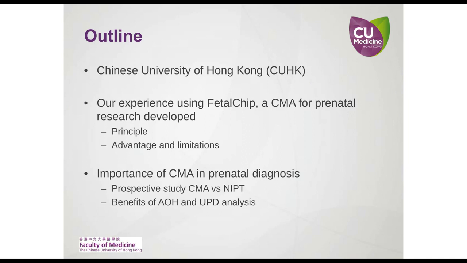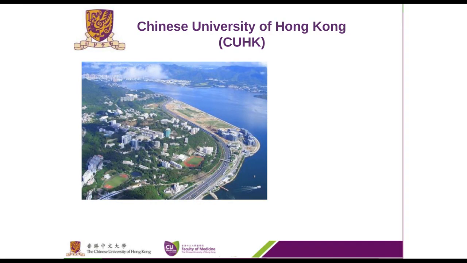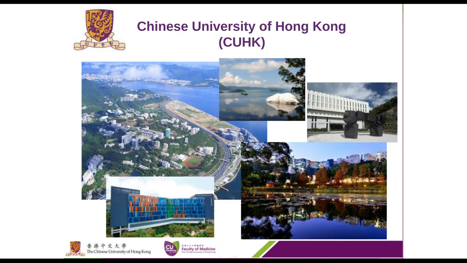Okay, so welcome to our beautiful campus. This is our Chinese University campus in Hong Kong. Our campus has many unique features, and I extend our warmest welcome to you when you have time to come to Hong Kong.